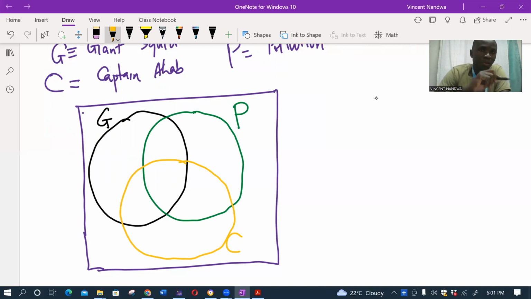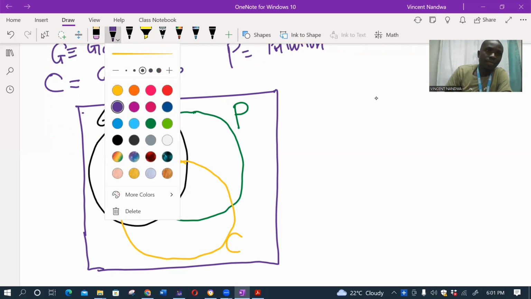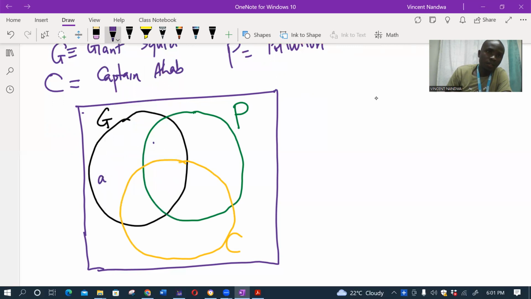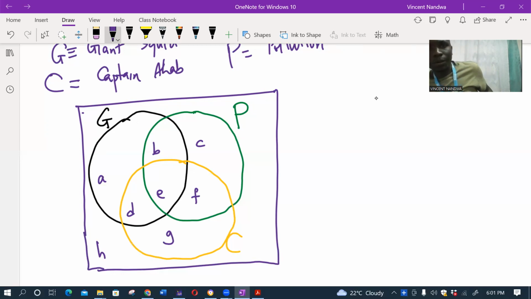And then, without loss of generality, let's label these sections as small a, b, c, d, e, f, g, and outside, h. So that's step one. Step 2 now, let's go to the question and get the information that is going to help us get the numerical values of a up to h.